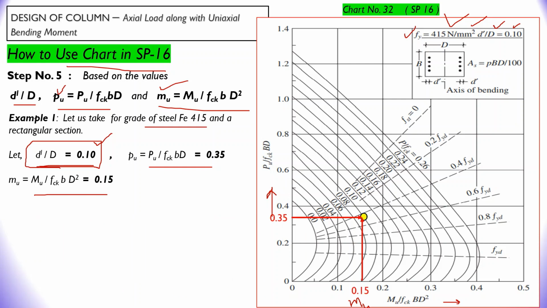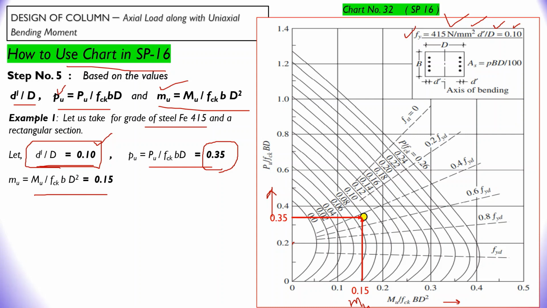As you can easily understand from these two red lines, since the Pu value is 0.35 for us, and along the vertical direction or y-axis this chart has denominations 0.2, 0.4, somewhere in between you will get the value 0.35.